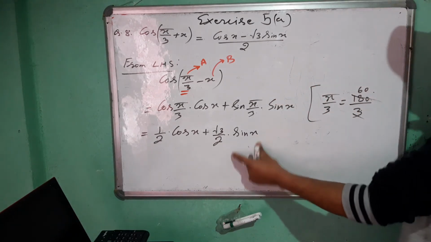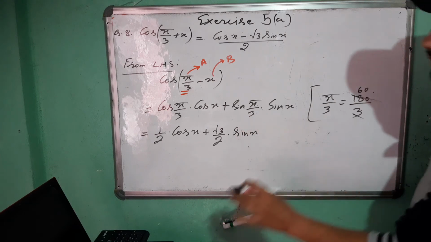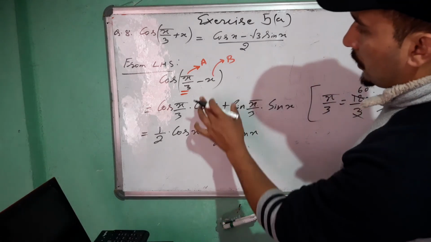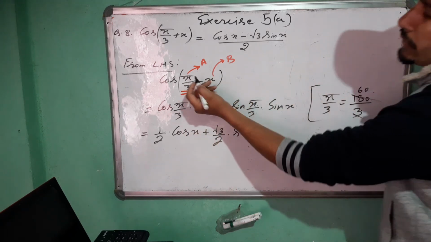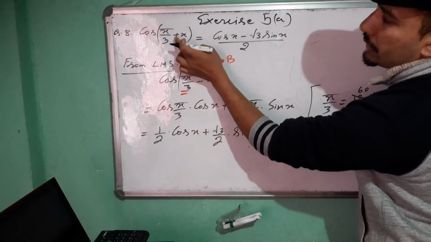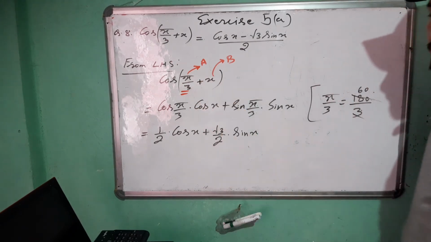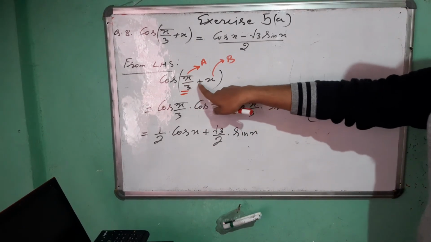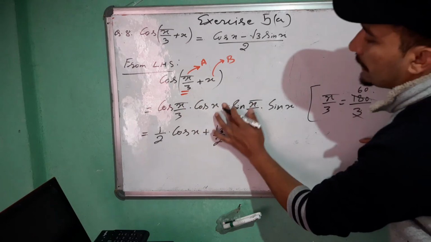Now from here you take the LCM, you will get this. Oh sorry, I have made a mistake here. From the left hand side you have pi by 3 plus x. Okay, so a plus b. So the formula for cos(a plus b) is cos a cos b minus sin a sin b.